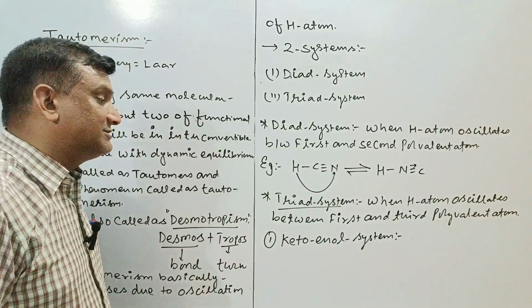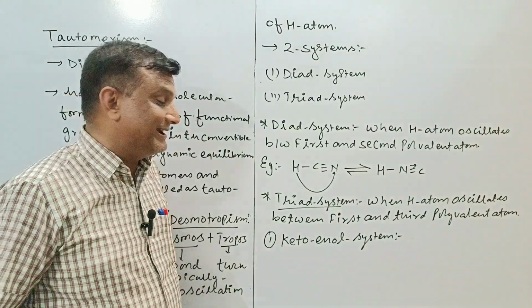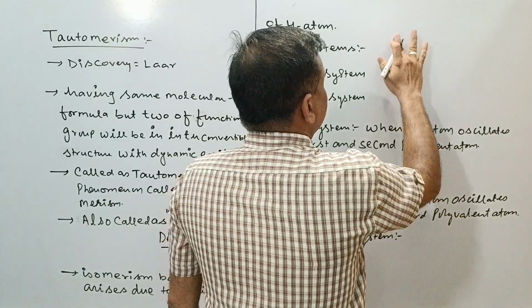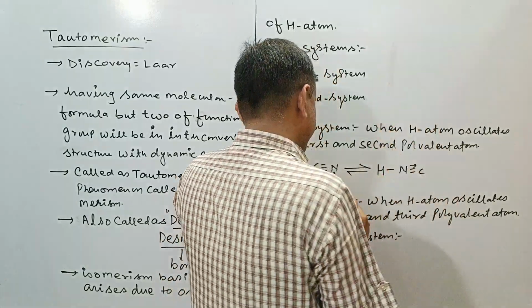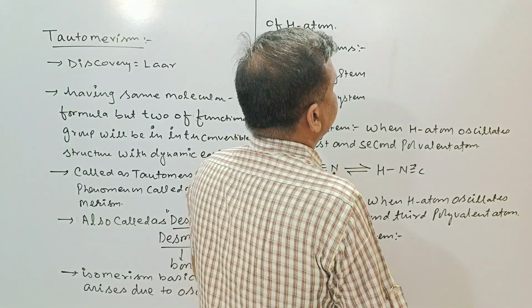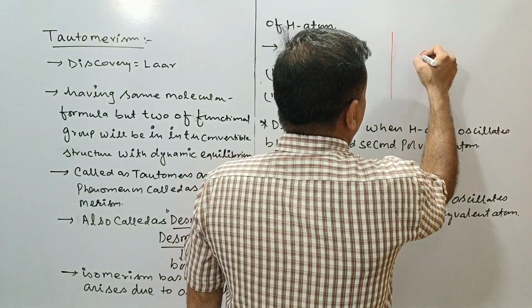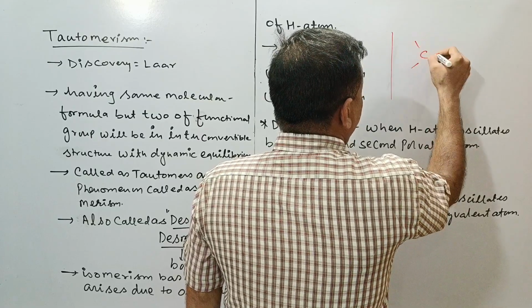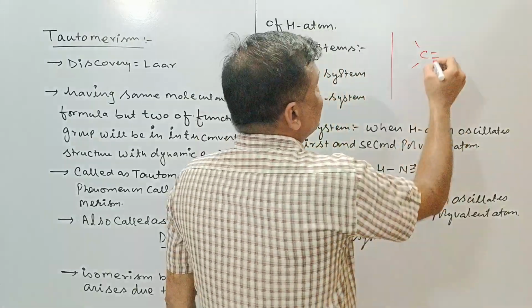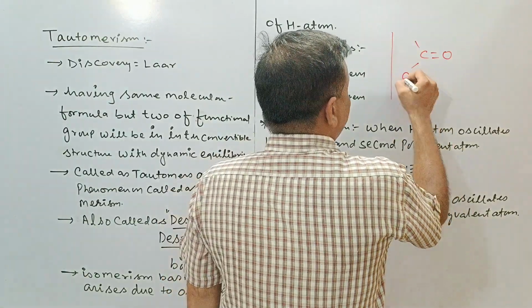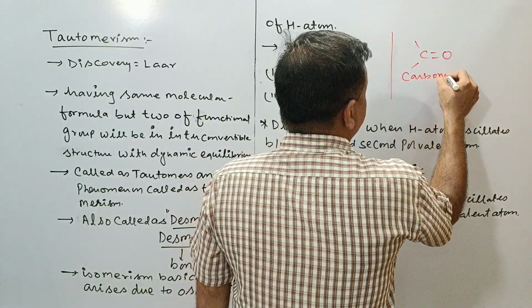If you go with the meaning of keto and enol group, then as we all know, the valency of carbon is 4. Remember this, it's a box point, it's very important. Valency of carbon is 4. If two valencies are satisfied by oxygen, whereas two are free, then that is called a carbonyl group.